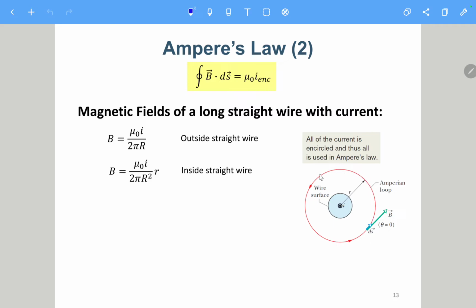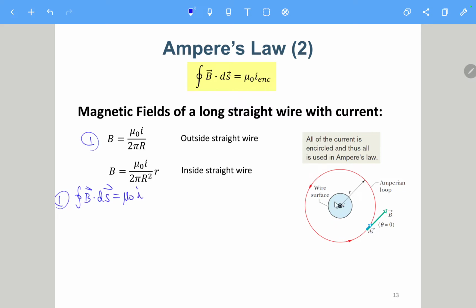Here the red one is the Ampere's loop. For the first case, we have the integral of B dot ds equals mu naught I.